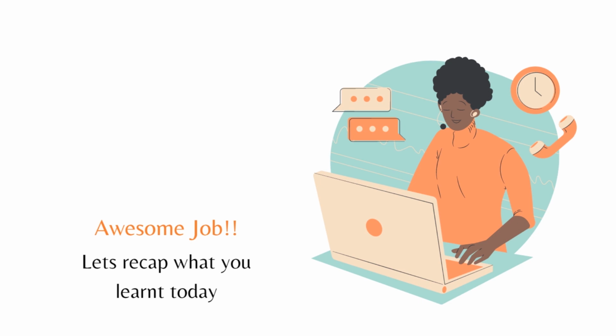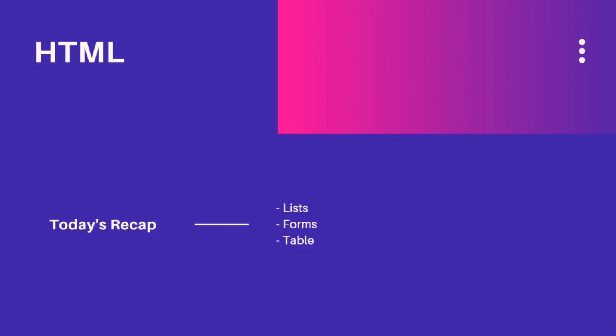Hello! I know this was a pretty big section, pretty big video, and a lot was covered in it, but it was really important. All three topics are really important. I don't know about the table one, but the first two, lists and forms, are really important. Let's recap. We just covered three things: lists, forms, tables. For lists, we saw that they are of two types: unordered and ordered. In forms, we saw many of the input tags, checkboxes, radio buttons.